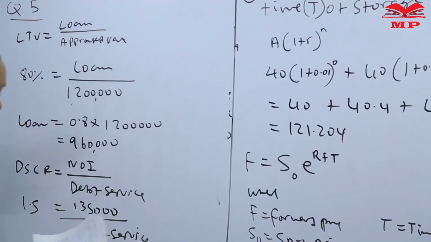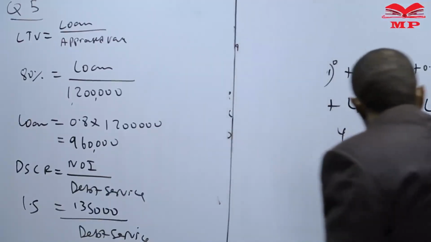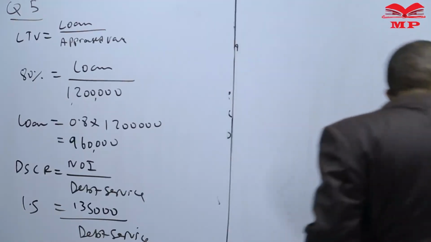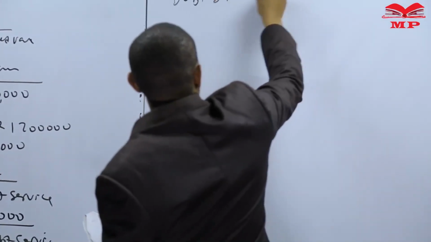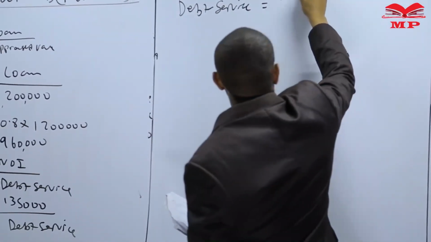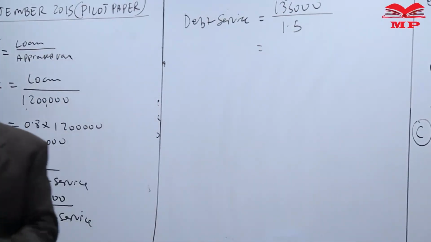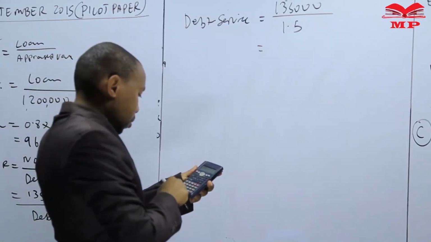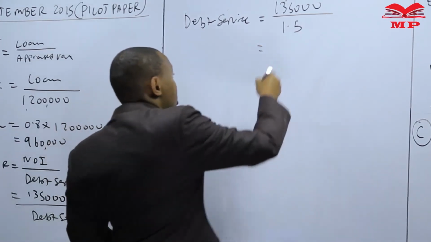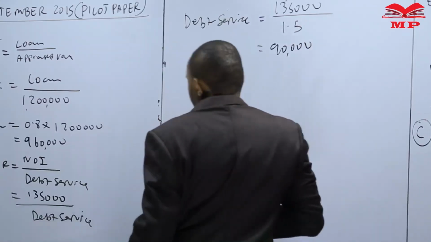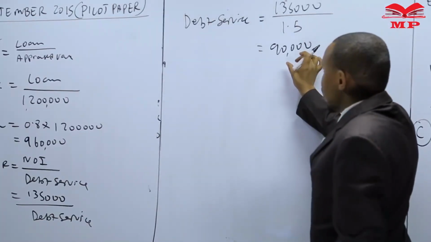If we cross multiply, we have debt service given as 135,000 divided by 1.5, which is 90,000. Now, how can we get the maximum loan amount?